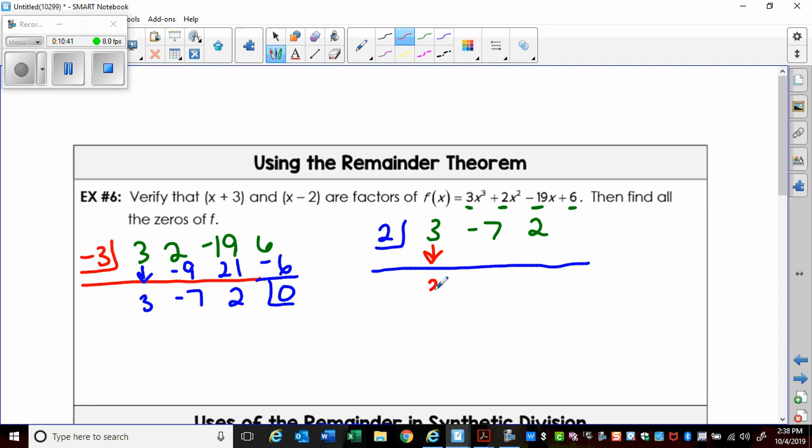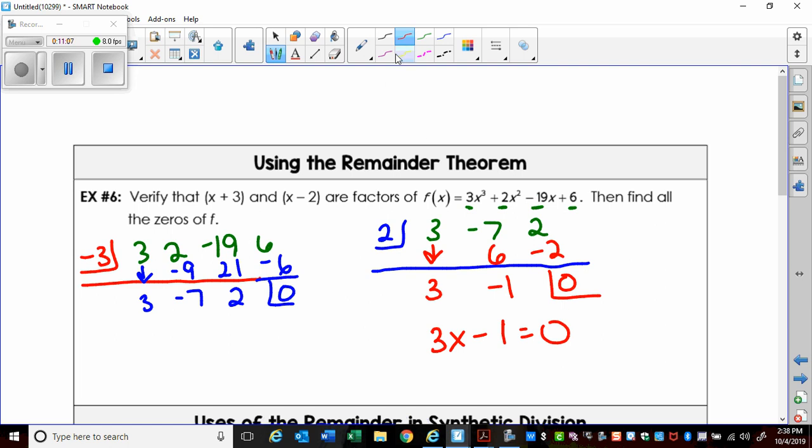3 times 2 is 6. Negative 7 plus 6 is negative 1. Times 2 is negative 2. Ooh, that remainder is also 0. So I'm verifying, since our remainder is 0, that this is indeed a factor. Now what's left over is 3x minus 1.